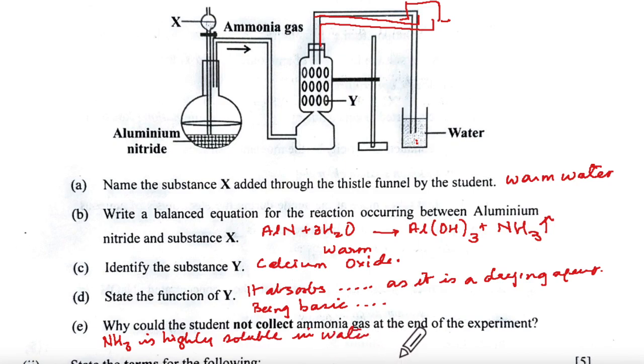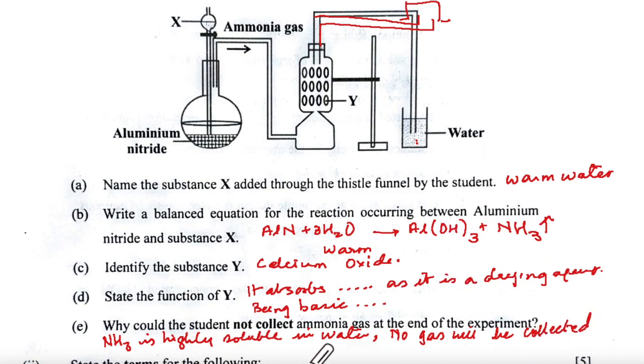In fact, in the bracket you can say that 702 volumes of ammonia dissolve in 1 volume of water, and therefore no gas will be collected. What we will be getting here?